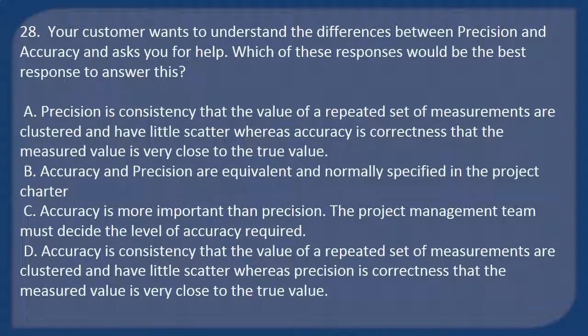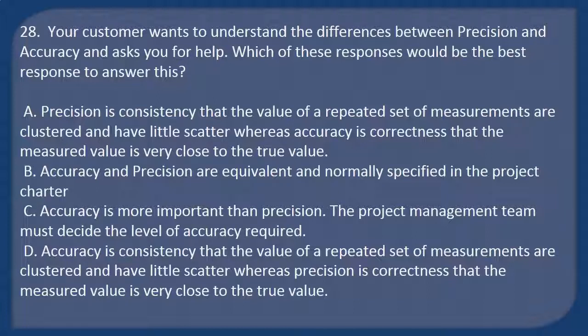Question 28. Your customer wants to understand the differences between precision and accuracy and asks you for help. Which of these responses would be the best response to answer this? A. Precision is consistency, that the value of a repeated set of measurements are clustered and have little scatter, whereas accuracy is correctness, that the measured value is very close to the true value.